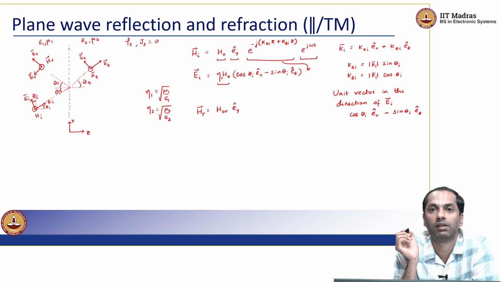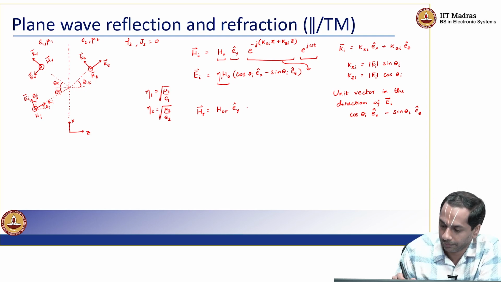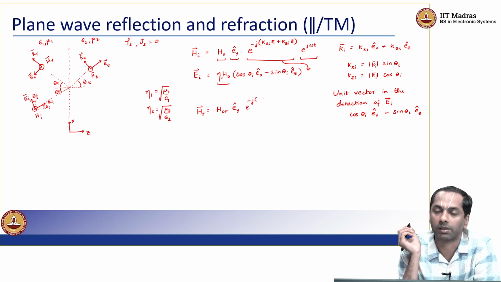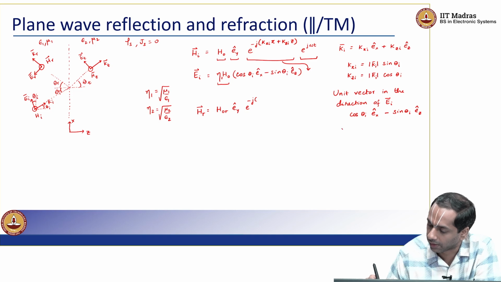Okay. But now the spatial dependence is different. What is the spatial dependence? Okay, so we will look at that. So, k_R is again we can say k_xR E_x plus k_zR E_z.